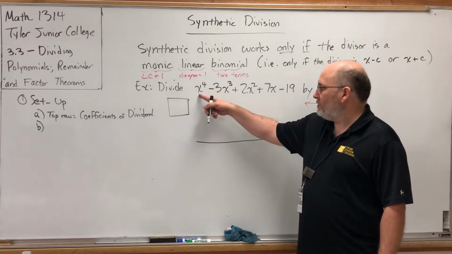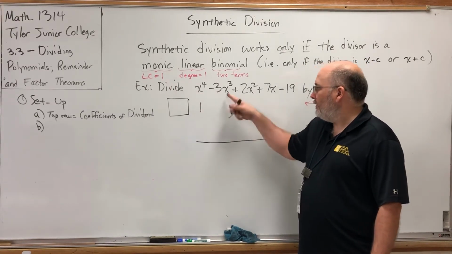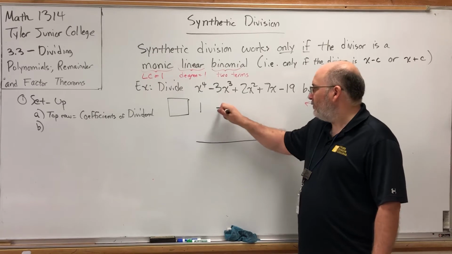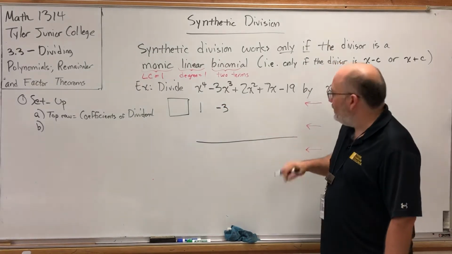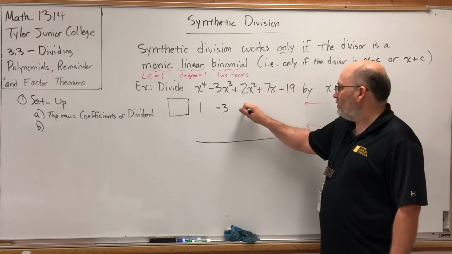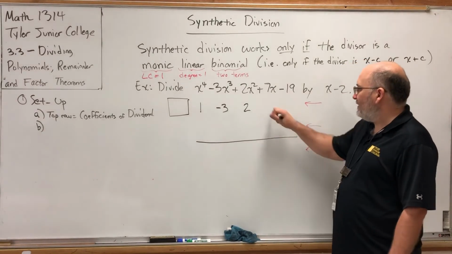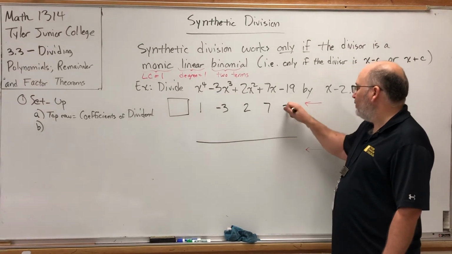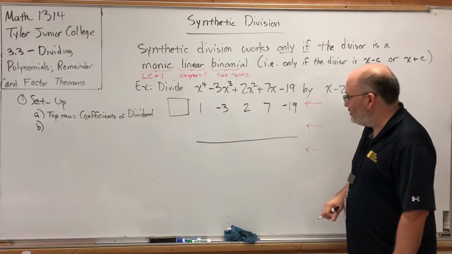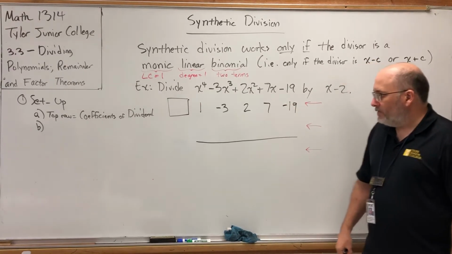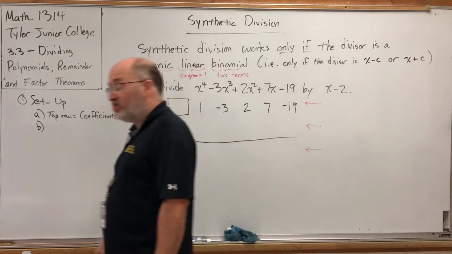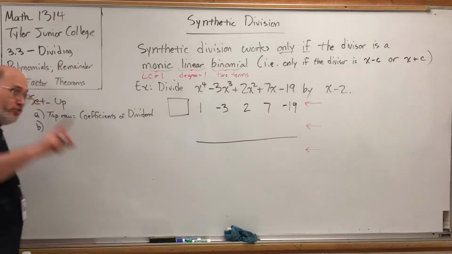The coefficient of x to the fourth is 1. The coefficient of x to the third is -3. You want to keep them spaced out a little bit. The coefficient of x squared is 2, positive 2 to be more specific. The coefficient of x is 7, and the constant term is negative 19. That's all the top row is, the coefficients of the dividend.